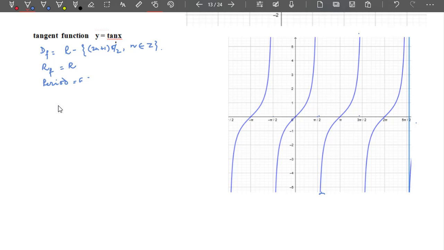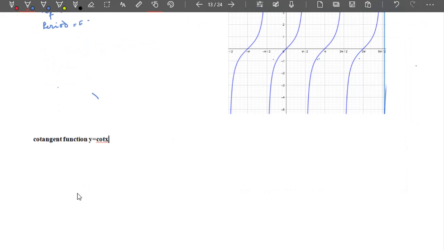Now the next graph will be for cot x. The domain of the function is R minus n pi. It is not defined at any multiple of pi. Why? Cot x is equal to cos x by sin x.